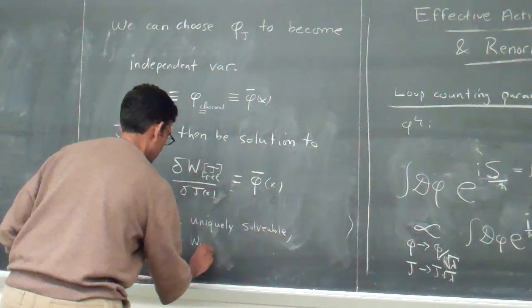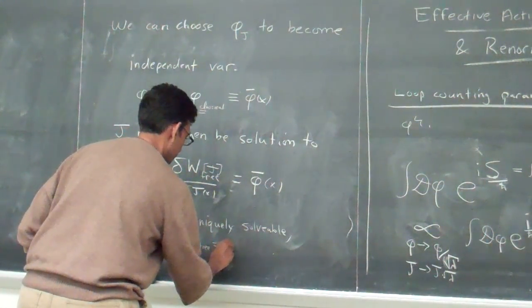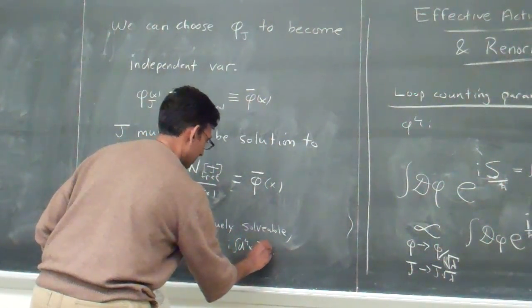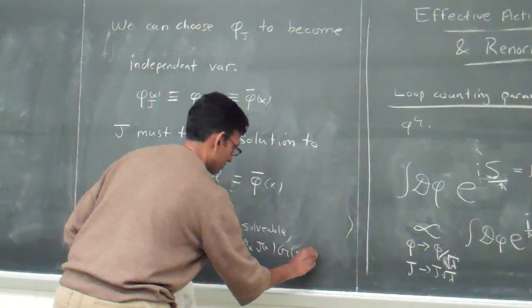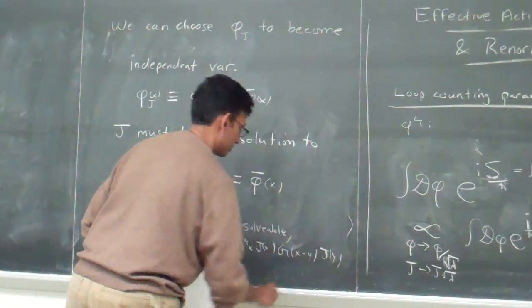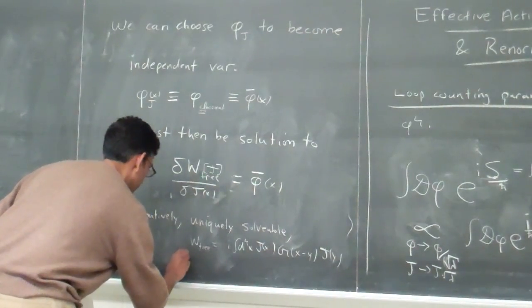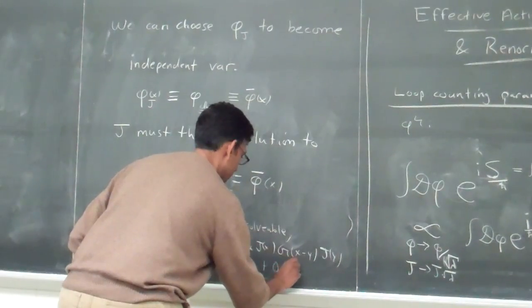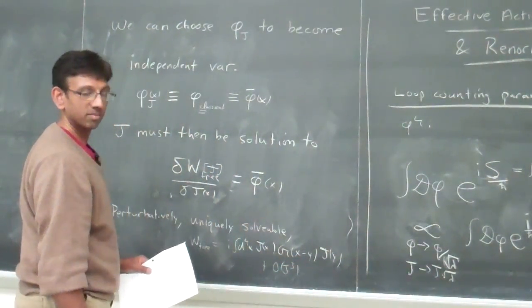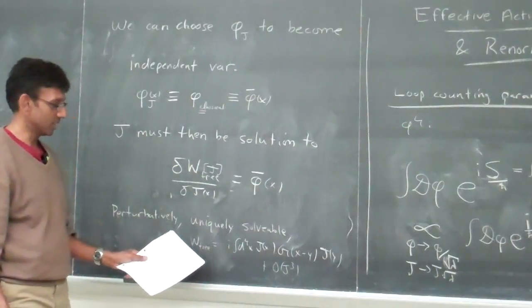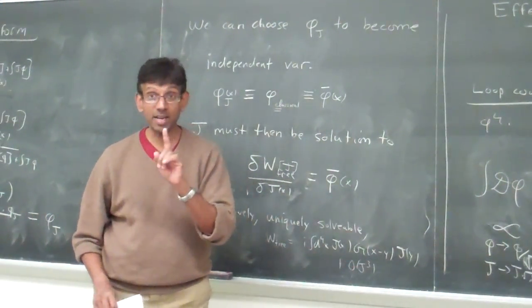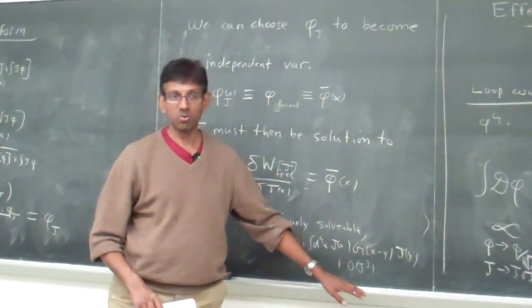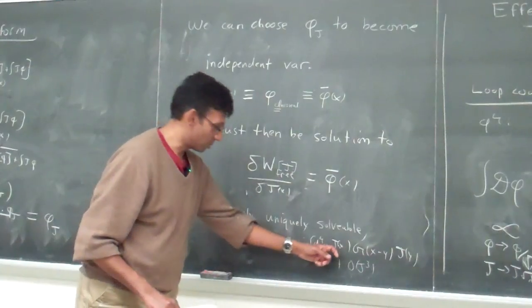W tree is equal to this i integral d4x J of x Green's function G of x minus y, plus order J cubed, I mean higher point functions. But guess what? Since they're connected, higher point functions are all perturbatively suppressed. So yes, they're there, but this is the most important term.